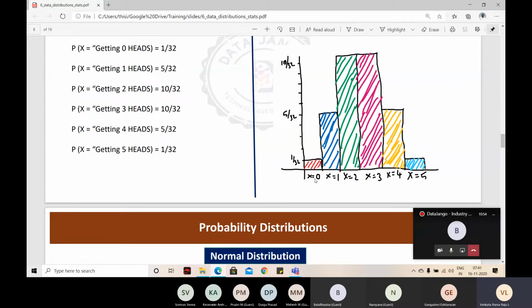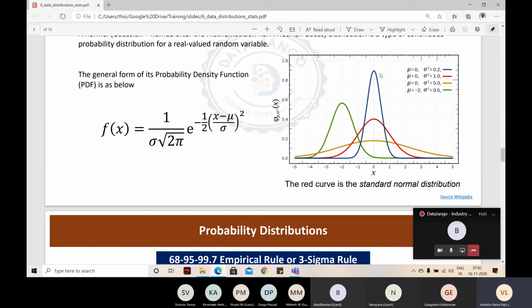If you do the same experiment a million times, throw a coin a million times, and try to calculate what is the probability of x equal to 0, the bar is going to be like a line, right? Do you agree? If you do this experiment a million times, the bar is going to be like a line. Then you will get many lines, and all those lines combined, you will get a curve like this.